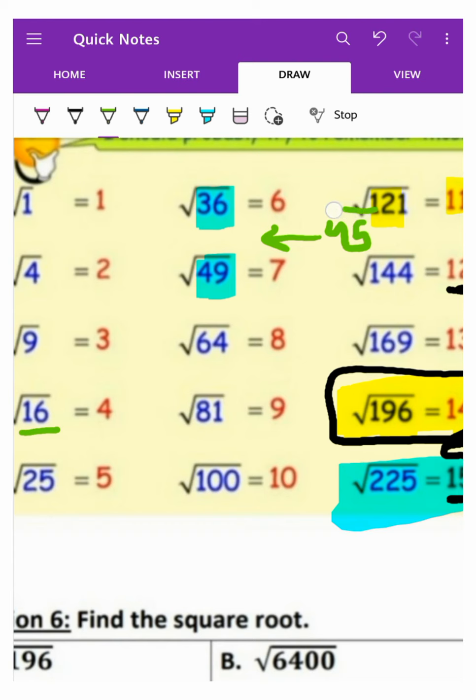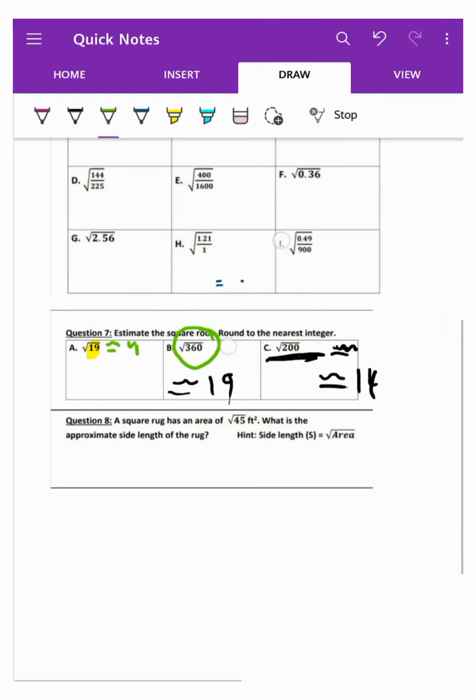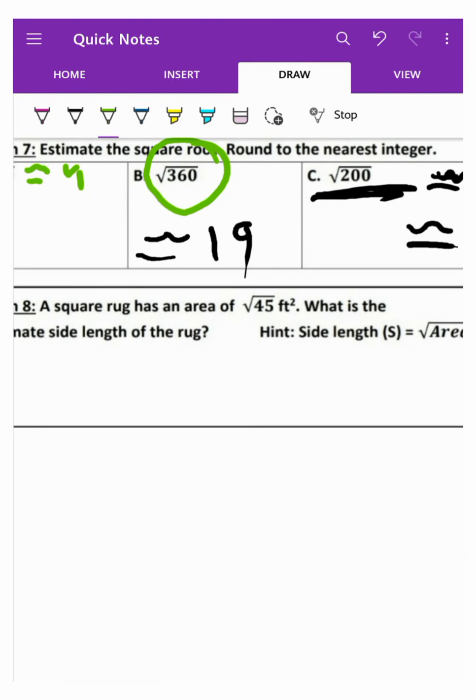So the square root of 45 comes between the square root of 36 and the square root of 49. But it is nearest 49, so it is about 7. So the side of this square is about 7.